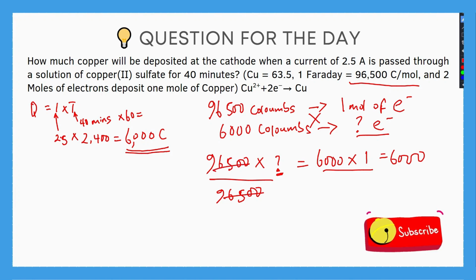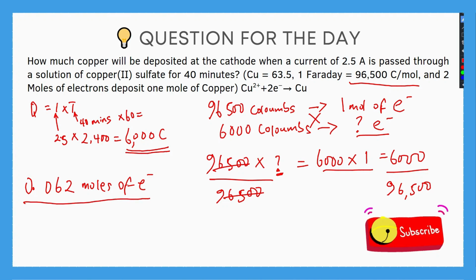So this cancels this, and it becomes 6,000 divided by 96,500, which gives us 0.062 moles of electrons. What this means is that 0.062 moles of electrons were displaced by 6,000 coulombs, which we calculated to be the charge that was used in this chemical reaction.